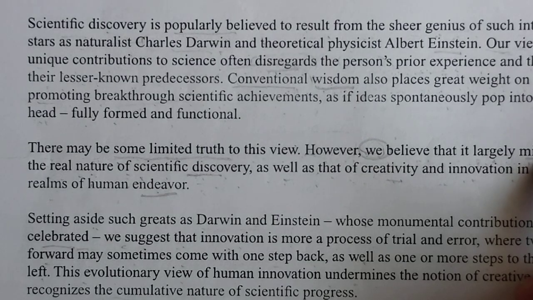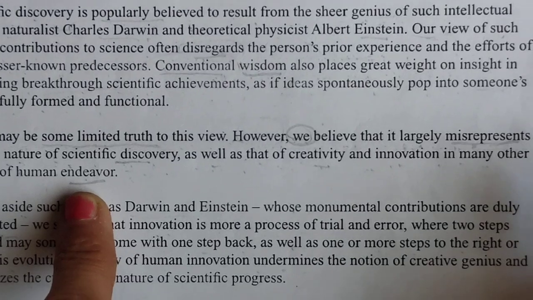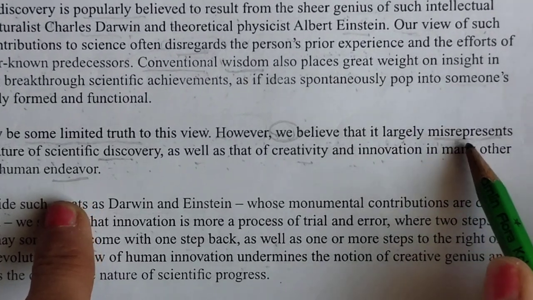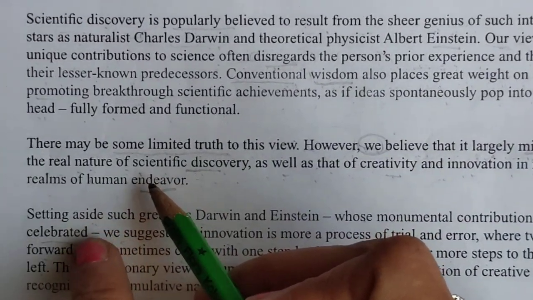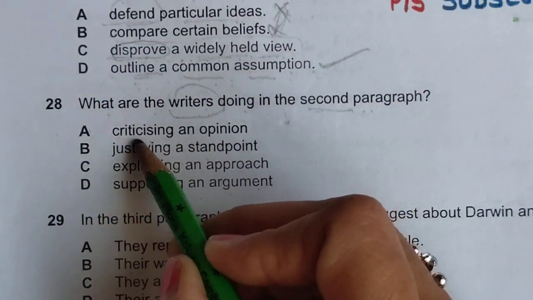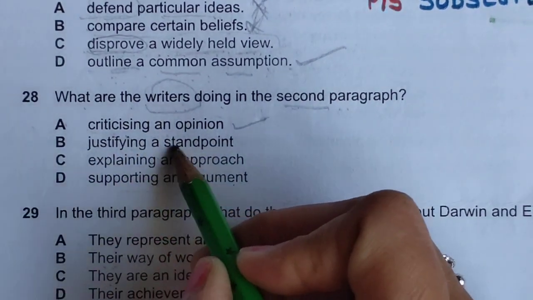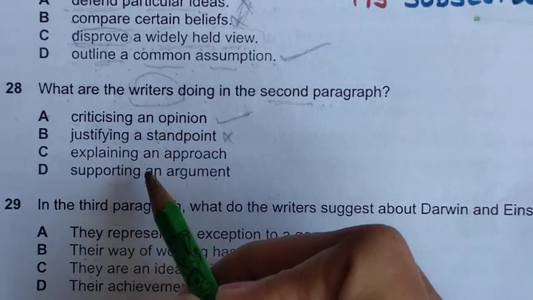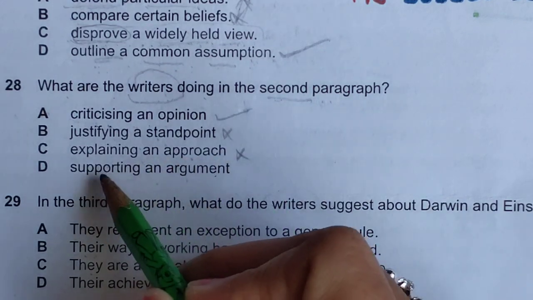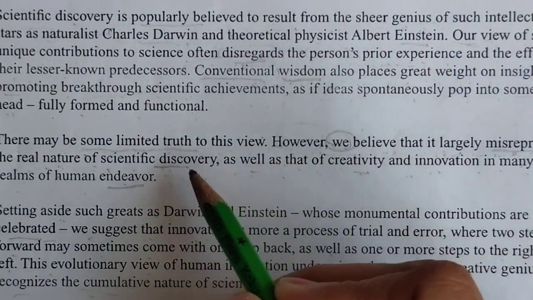Misrepresents means someone is saying something, someone is representing other people's point of view in a different way. It means criticism, criticizing an opinion will come. Justifying a standpoint, no, it was not there. Explaining an approach, no. Supporting an argument, so they were not supporting.